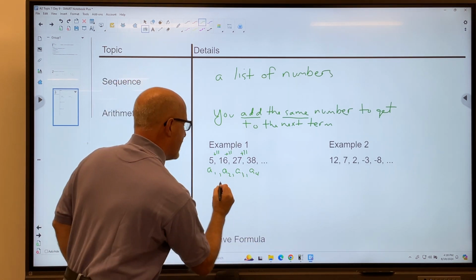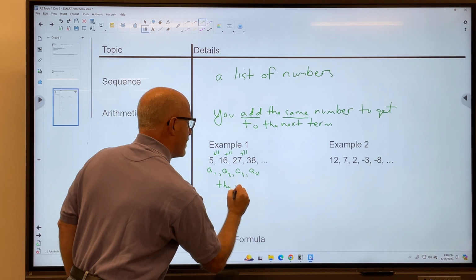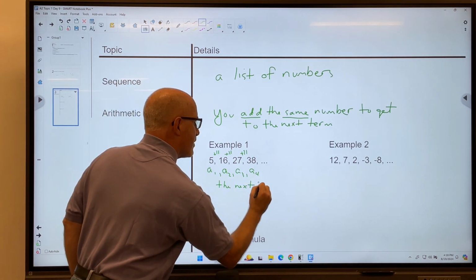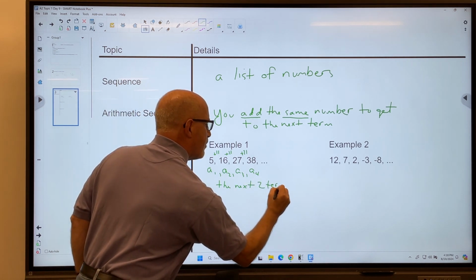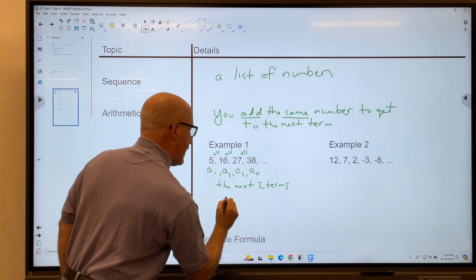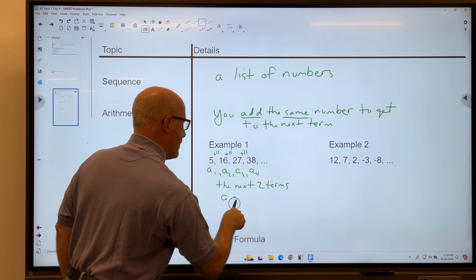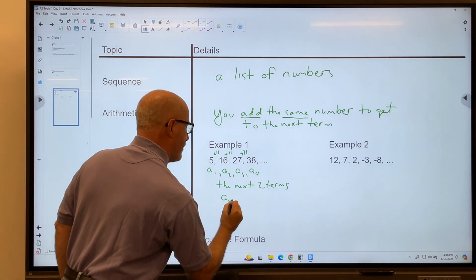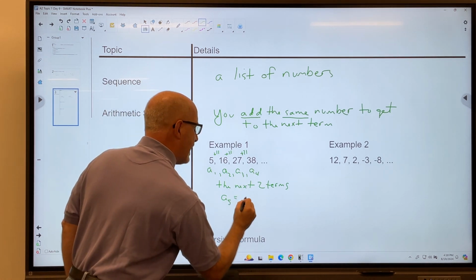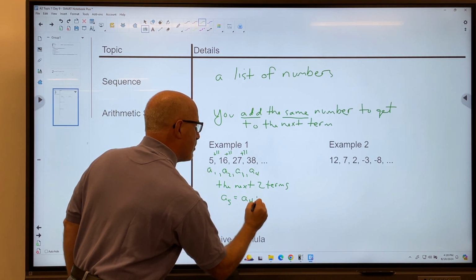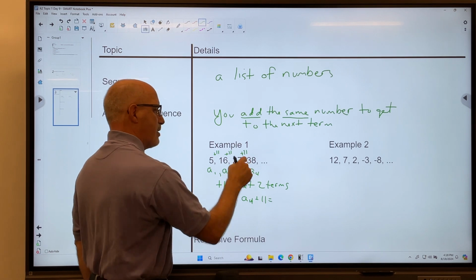So if you want to do the next two terms, let's say that we want a sub 5. A sub 5 is going to equal that a sub 4 plus 11. A sub 4 is equal to 38.